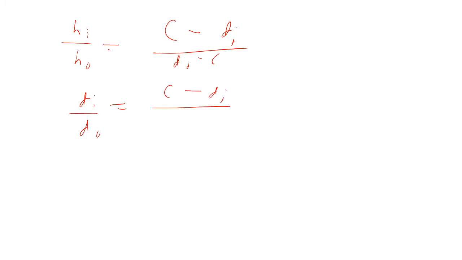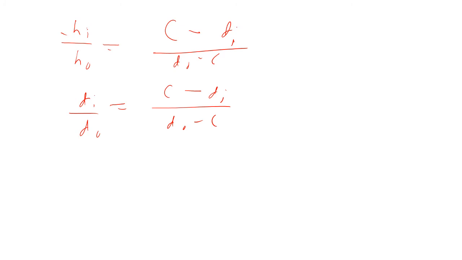HI over HO is going to be equal to C minus DI divided by DO minus C. DI over DO is going to be C minus DI over DO minus C. Right, actually, there should be a negative HI up here, because that was upside down, it should be a negative number.